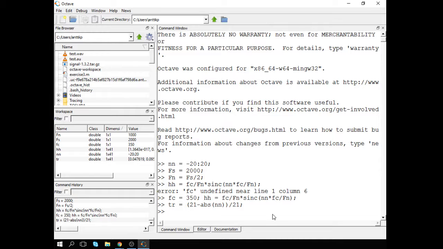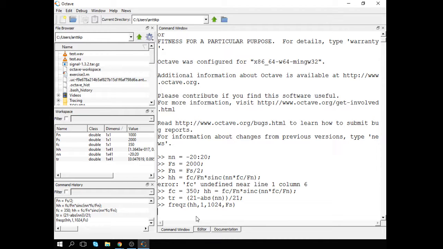And I'll have the video there. So, okay, the triangular window, and then just the frequency response of h1, 1024, and sample rate like that. Then I'll wait for a while.